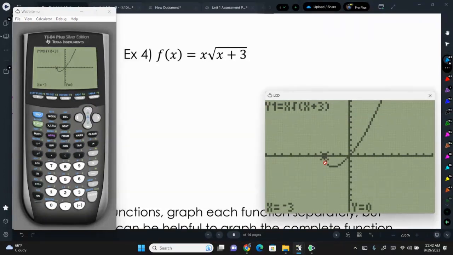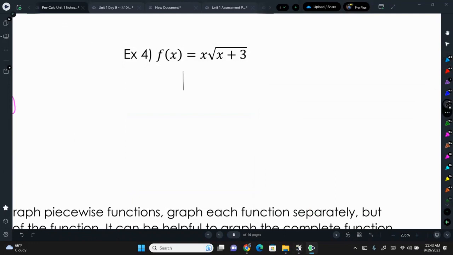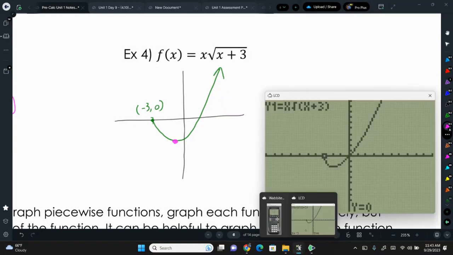And then our function hooks down a little bit and then starts to increase. So we need to figure out where this little hook is. Let's draw a graph. And we know that this point right here is at -3, 0. And we know it would come down and then up. So we need to figure out the coordinates of this minimum here.